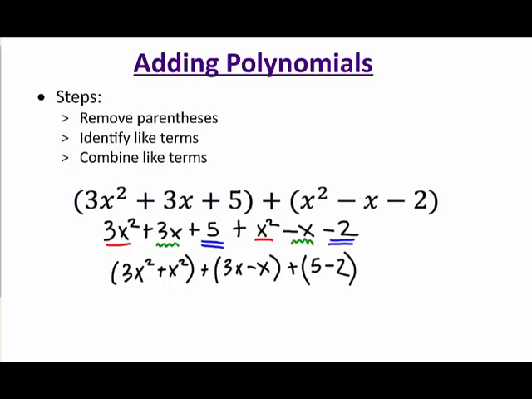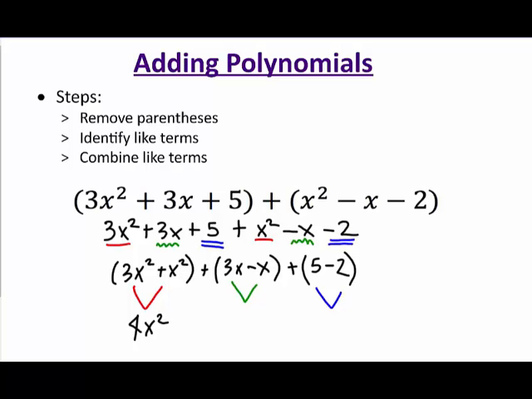So now, if I add them up according to the like terms, I'm going to get 3x squared plus x squared gives me 4x squared.